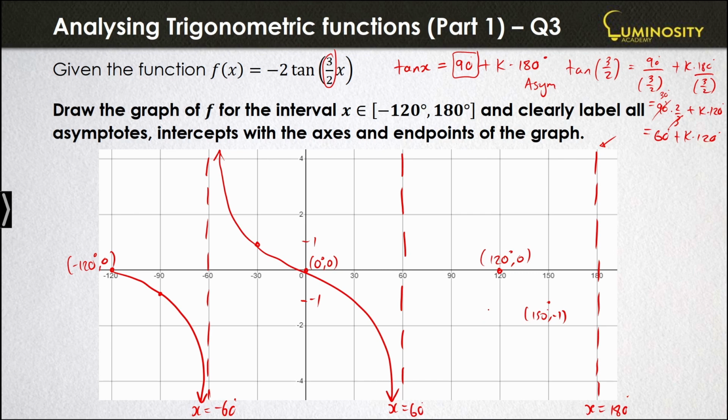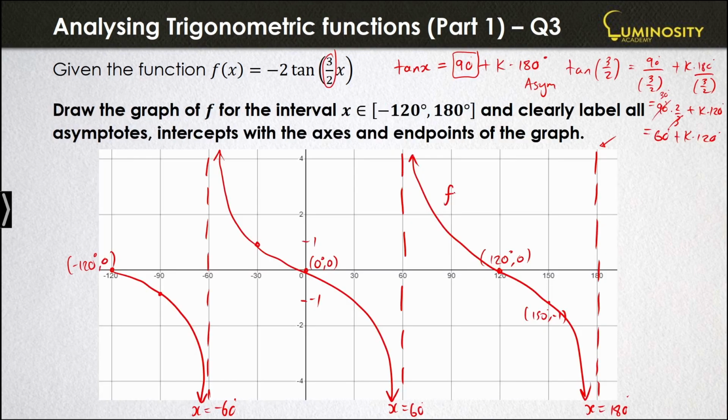And 180 degrees gives us error, because that's what we expected. It's going to be an asymptote. So it's approaching the asymptote there, cuts through the x-axis, goes through that point. I didn't have to label that 150 degrees point, but I did anyway, so it's fine. So this is the graph of f. We've got all the x and y intercepts, all the asymptotes labeled, and the endpoints labeled. Awesome.